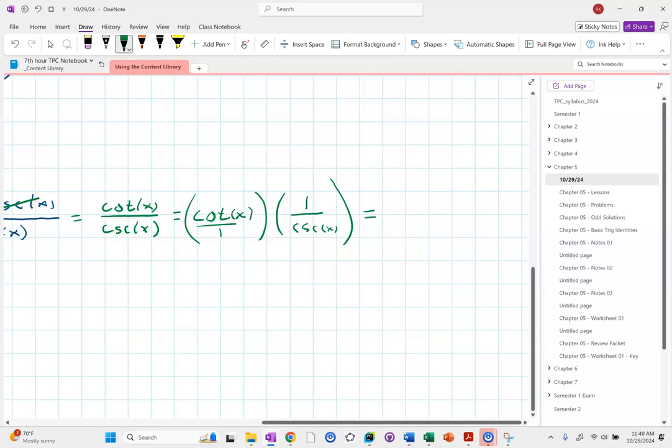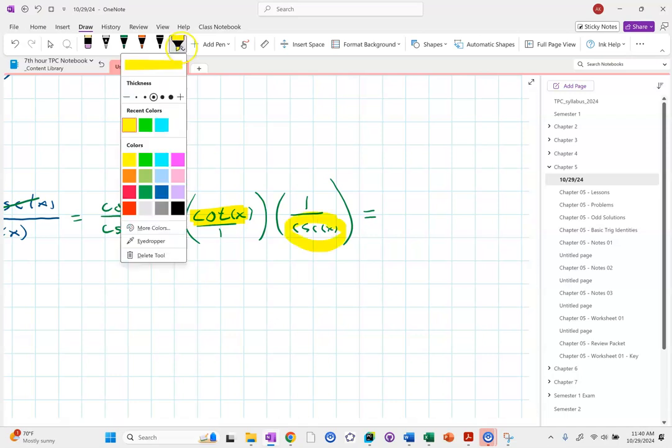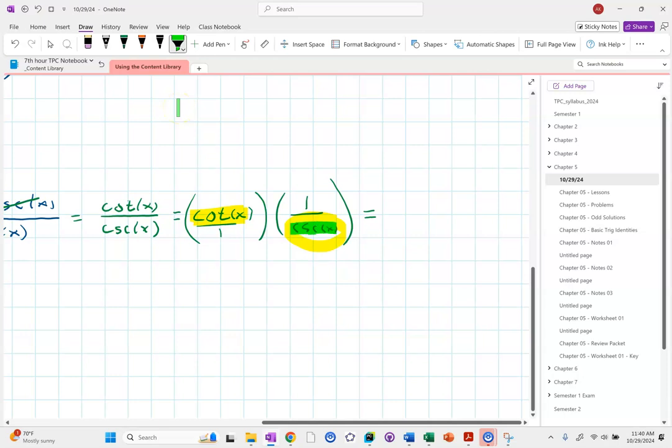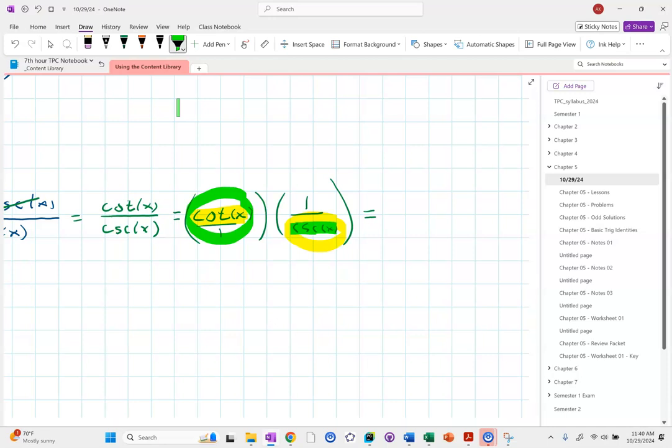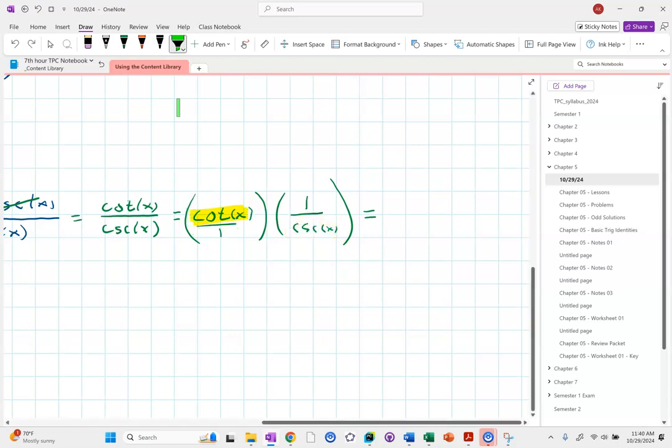I'd be looking to see, is there a way to rewrite cotangent so that it has a cosecant in it? Or can I rewrite cosecant so it has a cotangent in it? So I'm going to look at those identities, the Q's and R's, and see if I see a way to do either one of those two.